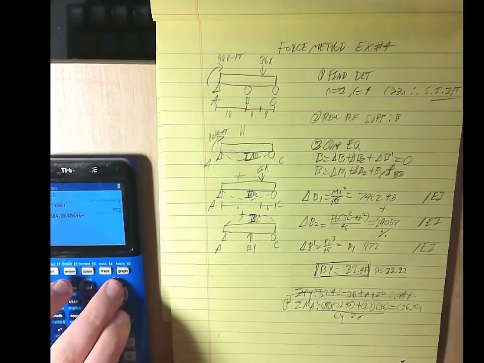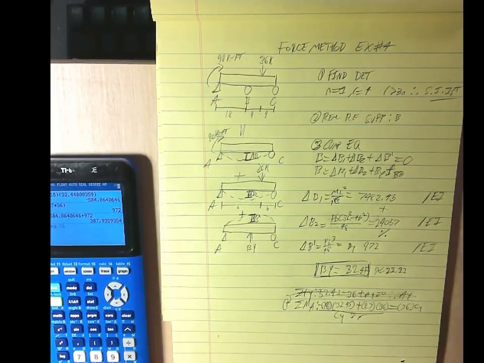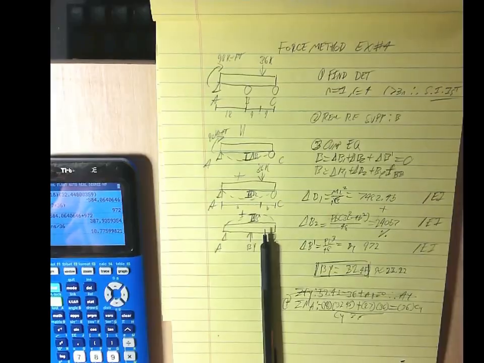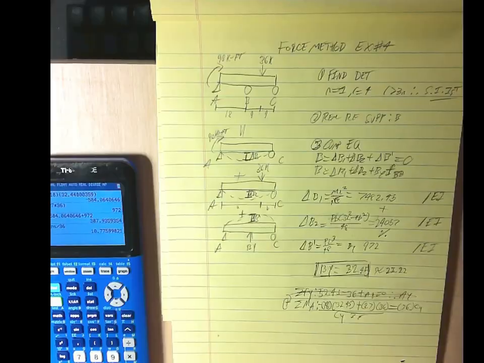This plus this divided by 36, 10.7. Oh my gosh, what the heck? Oh, duh.